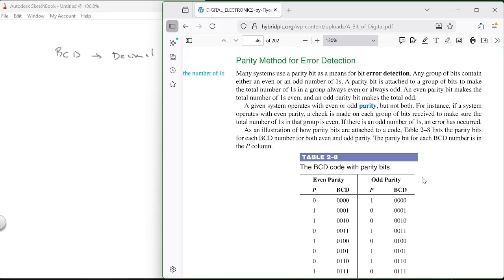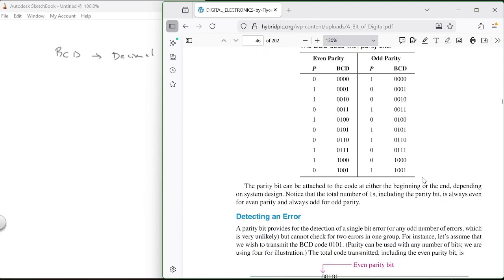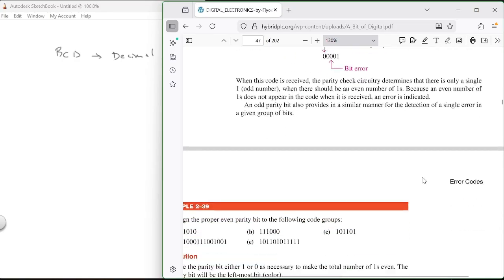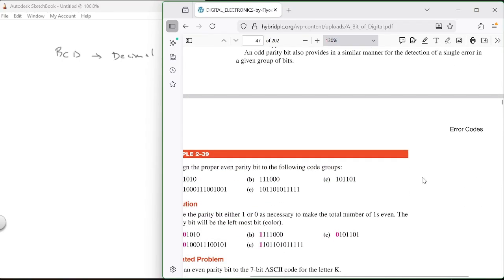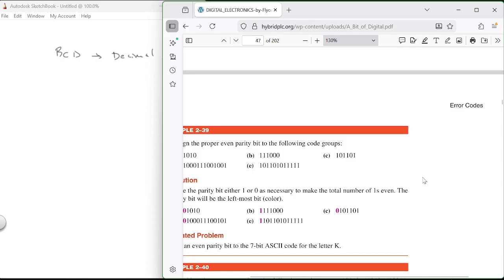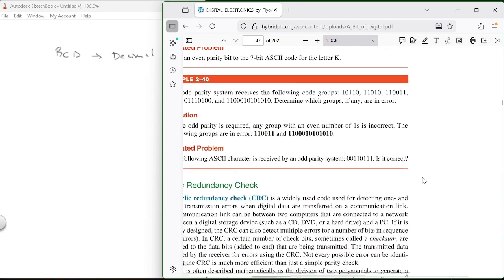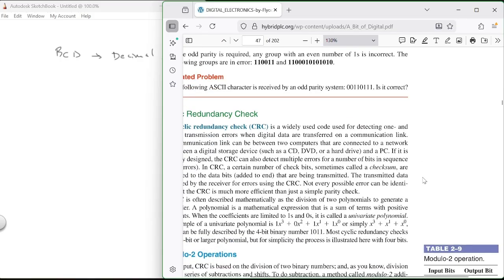If you have a system that does not use parity checking, you're risking not getting a correct number. But there are other ways of doing the same thing. One is called CRC, one is called LRC, cyclical redundancy check and longitudinal redundancy check. The CRC is the best one, and the other one is LRC. But I'm not going to get into those.